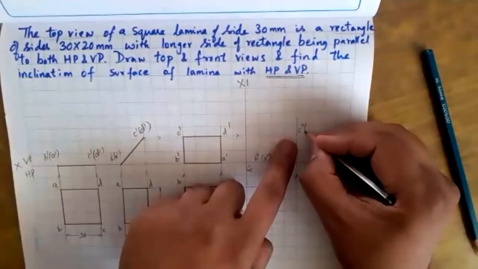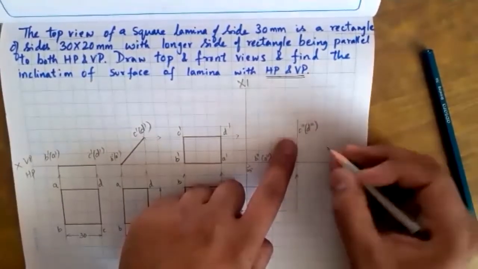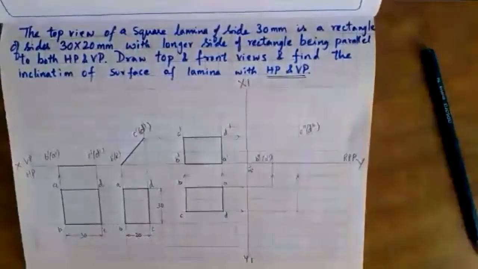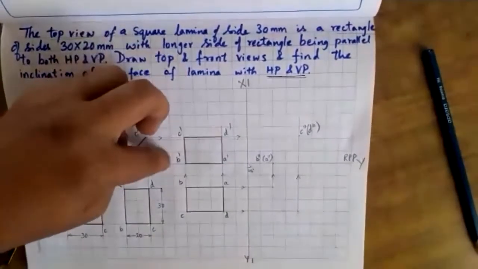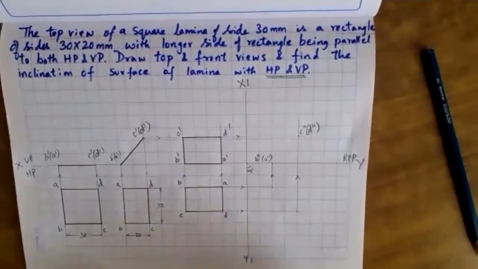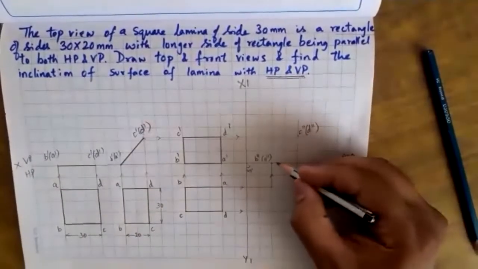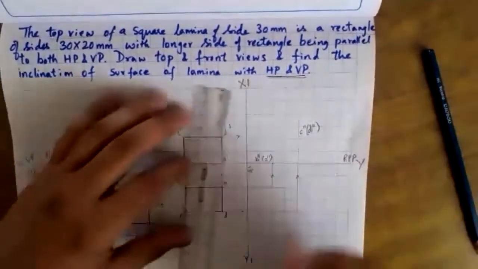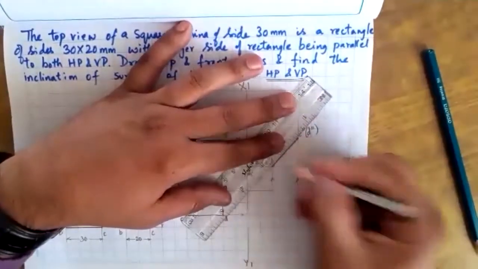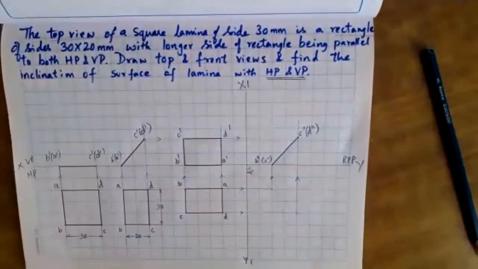Then it will be the same position, C double dash and D double dash. First C is seen and then D, first B and then A. So this is the position of C double dash and this is the position of A double dash. So the whole lamina will be seen just as a line in the side view.